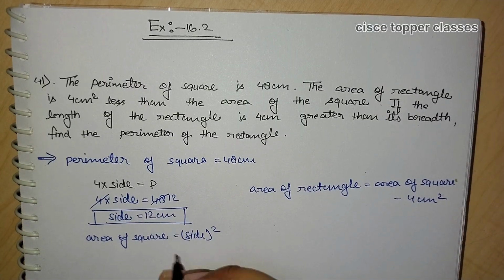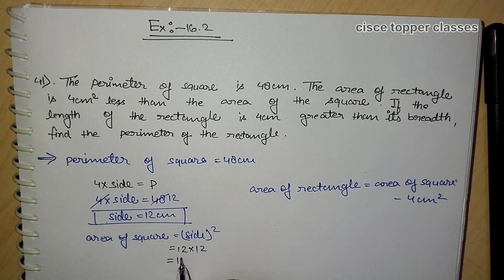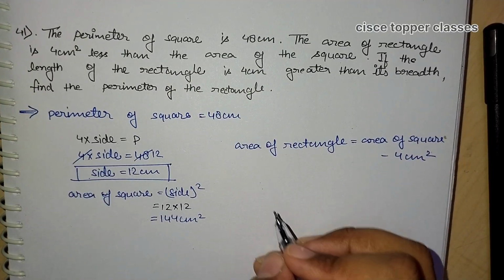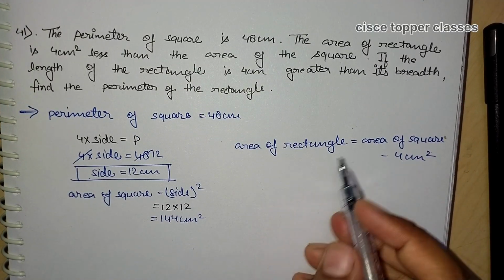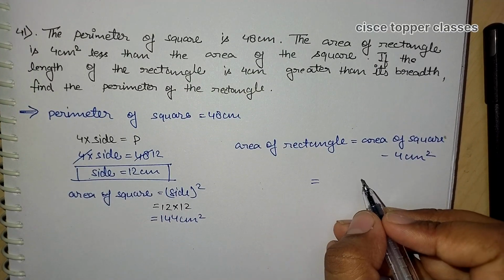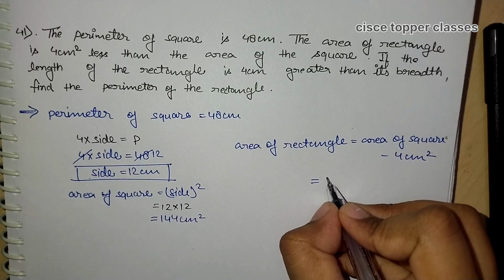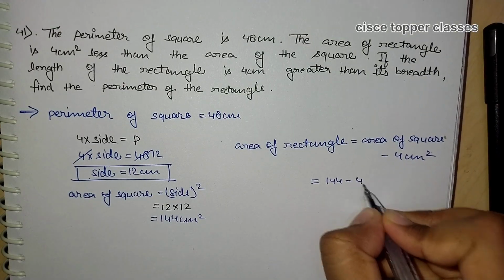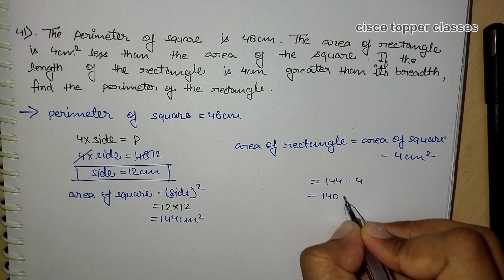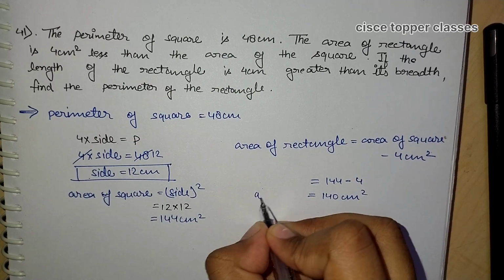So we'll put the value as 12. 12 into 12 is equal to 144 centimeter square. So the area of the rectangle is area of square minus 4, that is 144 minus 4. So this will be 140 centimeter square.